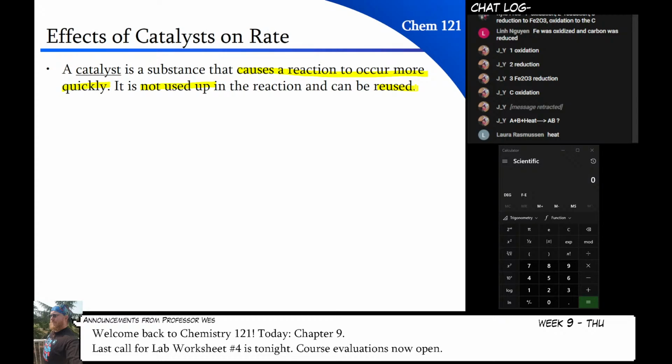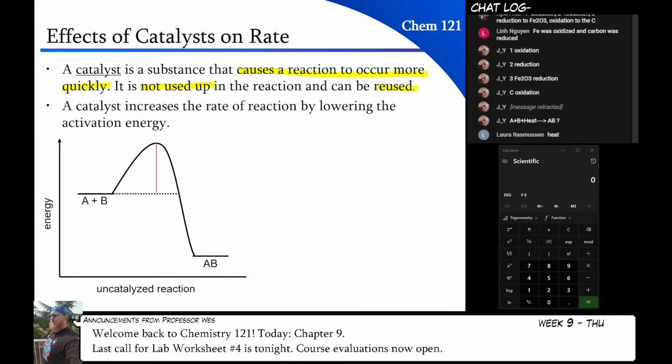What that means is that if I have a reaction that requires a lot of energy to occur, using the catalyst may cause it to require less energy. And as a result, the reaction is more quickly able to occur. Here is an uncatalyzed reaction. We've seen this diagram before.